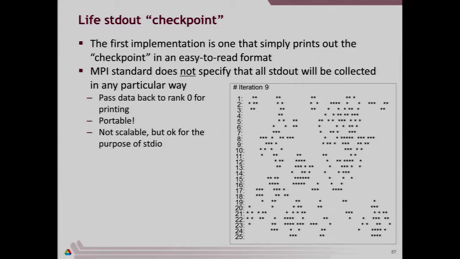And so this implementation ships all the data back to rank 0 and then outputs the data in a nice sane order from rank 0. Not a very scalable algorithm. You wouldn't want to use this for 768,000 processes, but you're probably not running game of life and looking at the output on that many processes anyway. So it's a good example to start with.